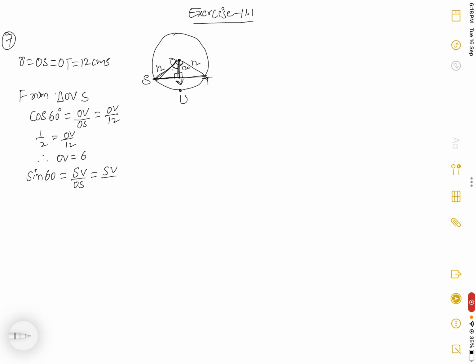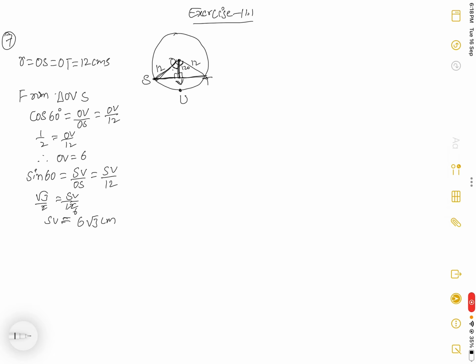We know the OS value is 12 centimeters. Sin 60 value is √3/2 equals SV by 12. We get SV equal to 6√3 centimeters.